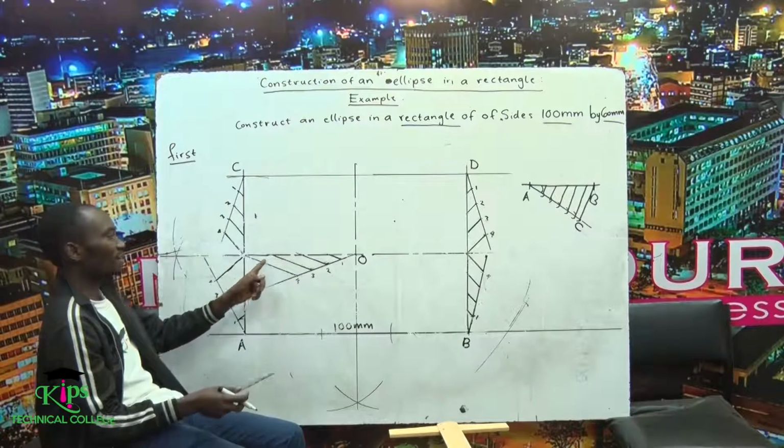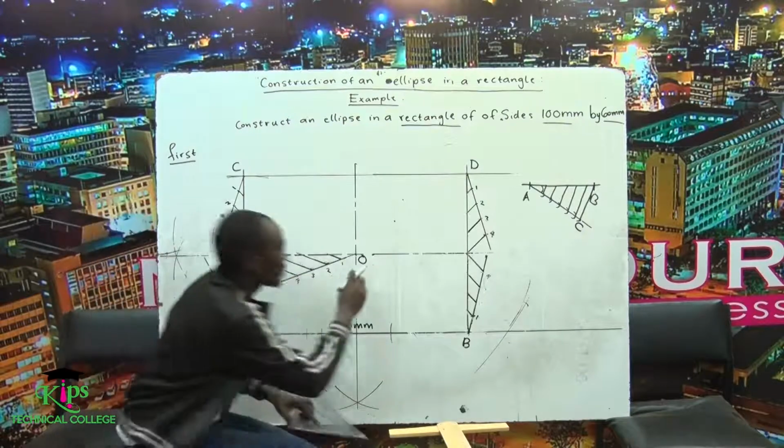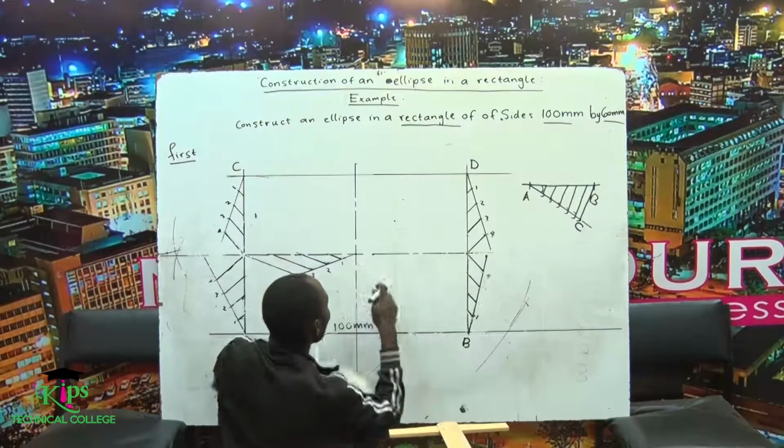Now you can see I've subdivided this line into equal parts, this one. So let's subdivide this other one.